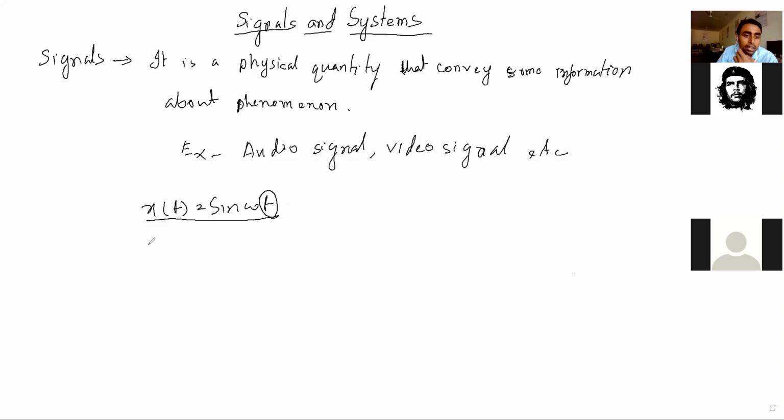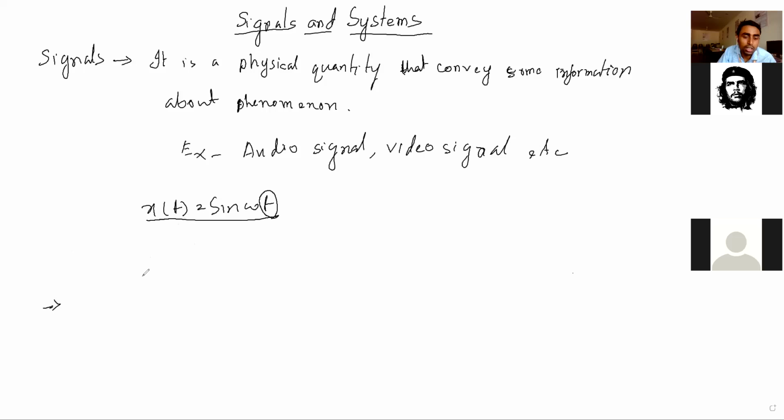When a function or signal depends on only one independent variable, then it is called a one-dimensional signal. So you can write the definition like that: if a signal depends on one independent variable, then it is called a one-dimensional signal. And second, if a signal depends on two independent variables, then it is called a two-dimensional signal.